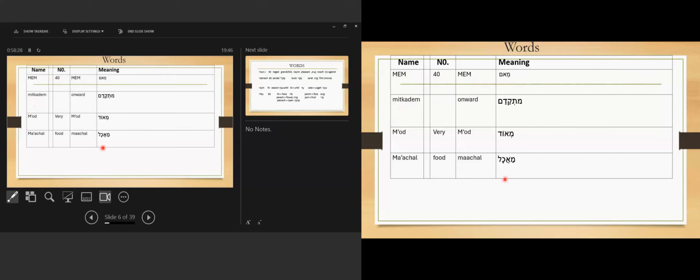Then Chalav is milk. A big book, Chalav, a bottle of milk. Hello. Yes, okay, so you said kalaf is milk, right? Chalav.